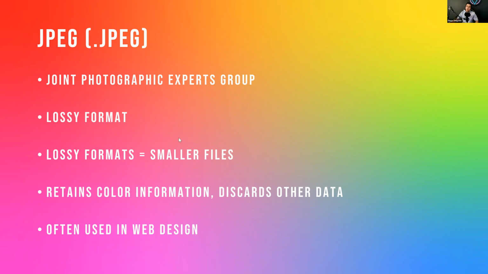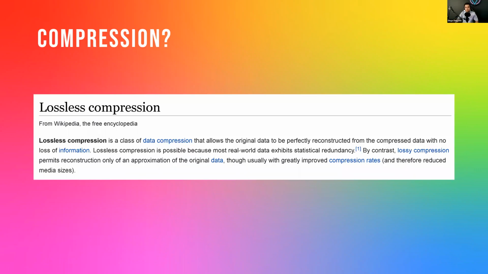All right, so you probably heard me say compression a couple times. Again, if you were in any of my other Adobe classes, this might be a little bit of a refresher. So what is compression? And more importantly, what is lossless compression? This is just the Wikipedia snippet of what lossless compression actually is. Lossless compression is a class of data compression that allows the original data to be perfectly reconstructed from the compressed data with no loss of information.